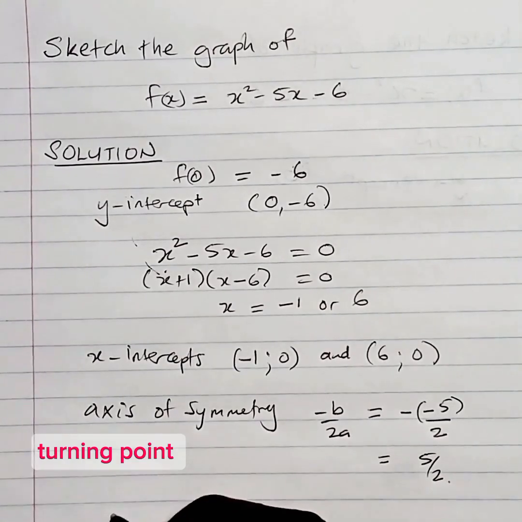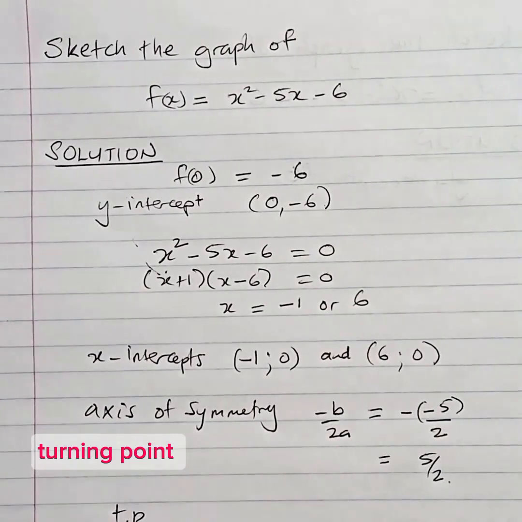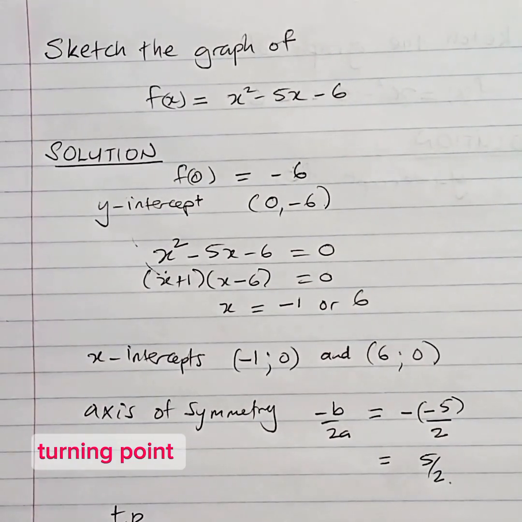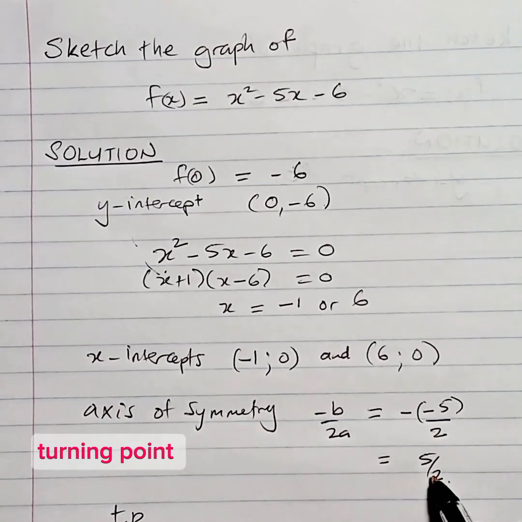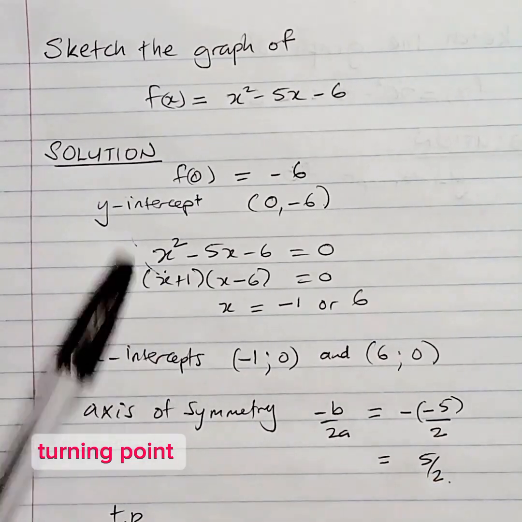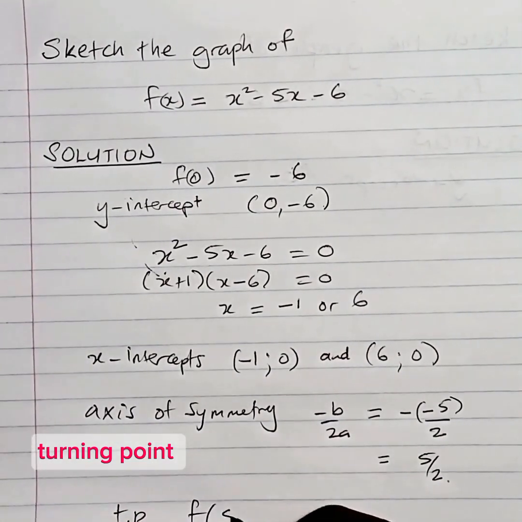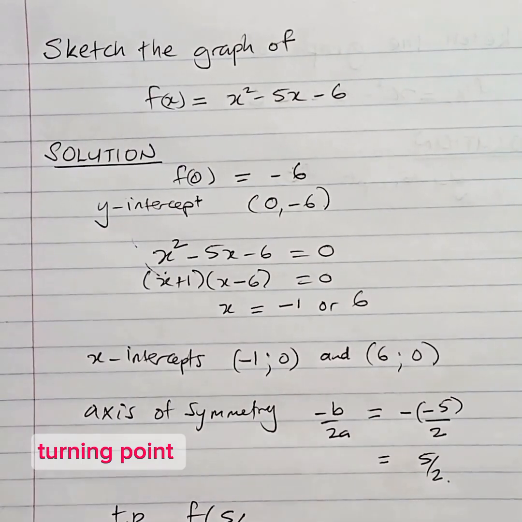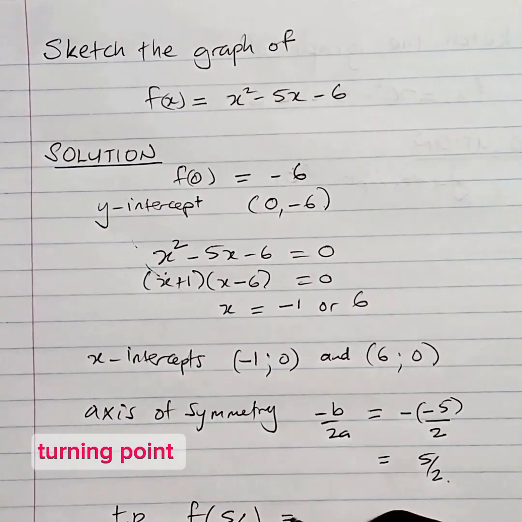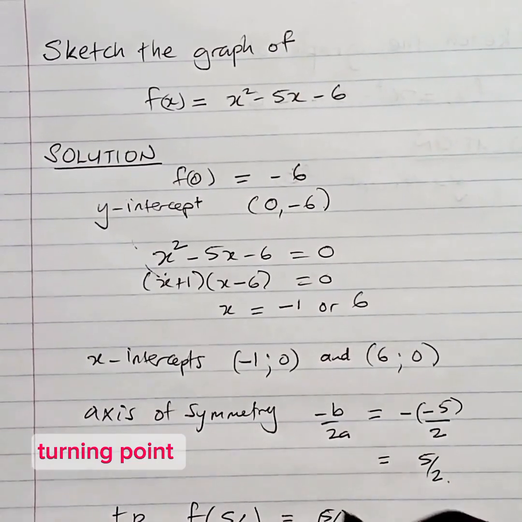So we're looking for the turning point now, the turning point of that graph. Okay, so you are going to take this value that you got for the axis of symmetry and you put it into the original equation. So you're going to say f(5/2). That's going to give you (5/2) squared.